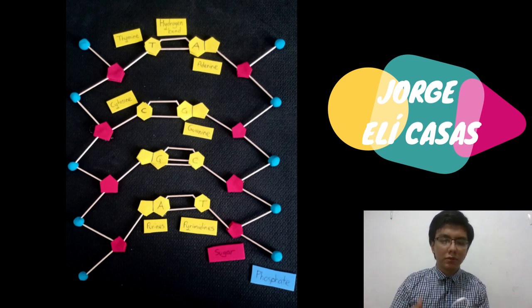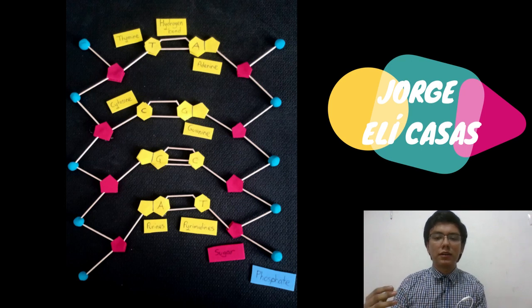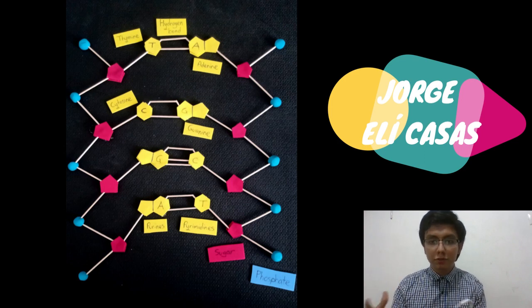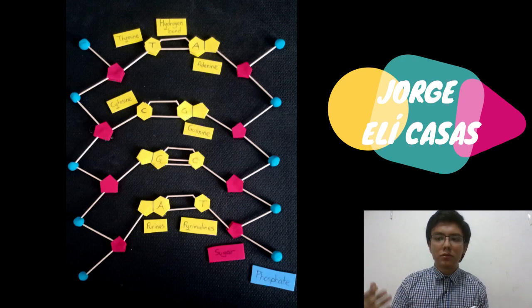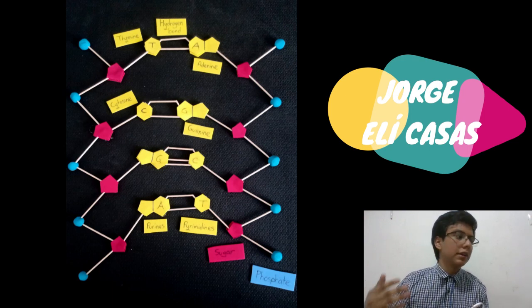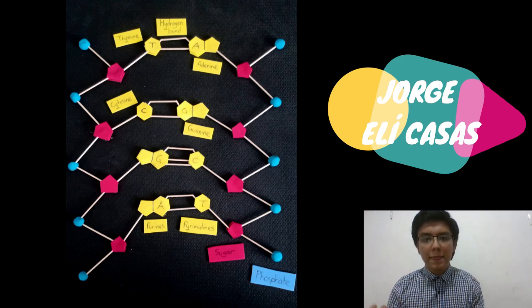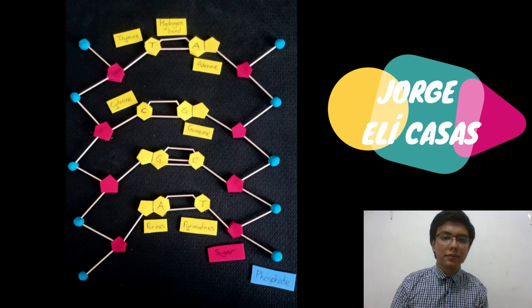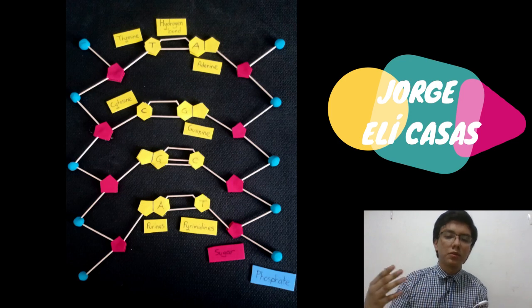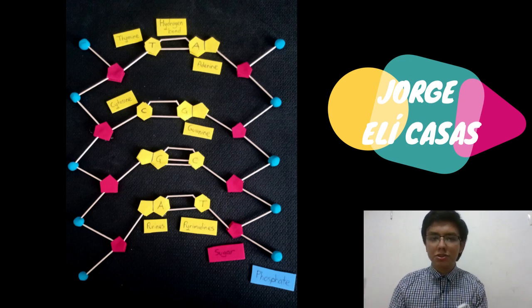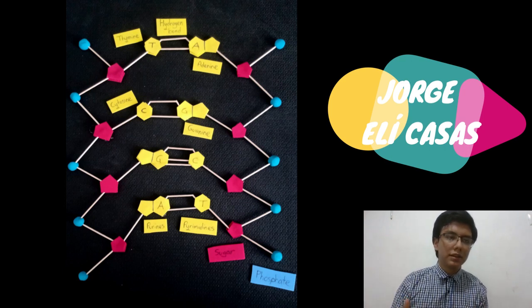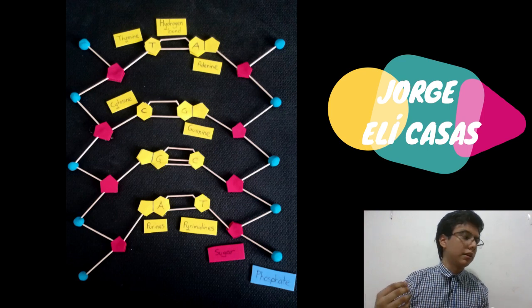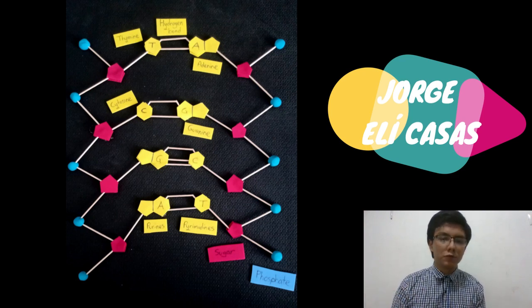We cut 16 pieces of pentagon-shaped red foamy to represent the sugar, 8 yellow hexagons to represent the pyrimidines, and also 8 yellow foamy hexagon-shaped plus pentagon-shaped pieces together to form the purines, and little clay balls for the phosphate.